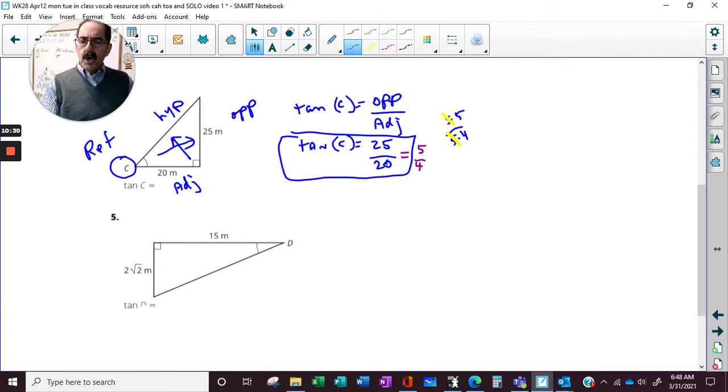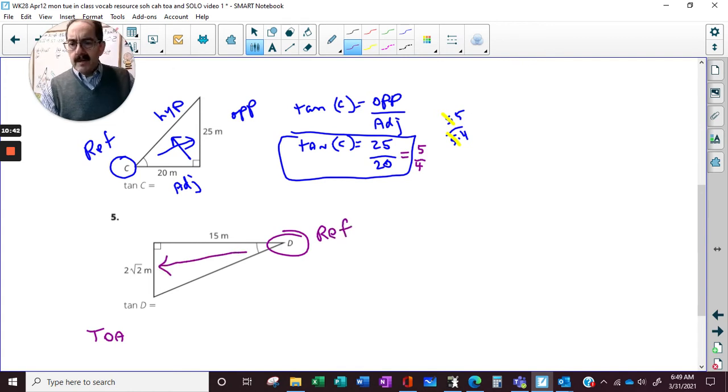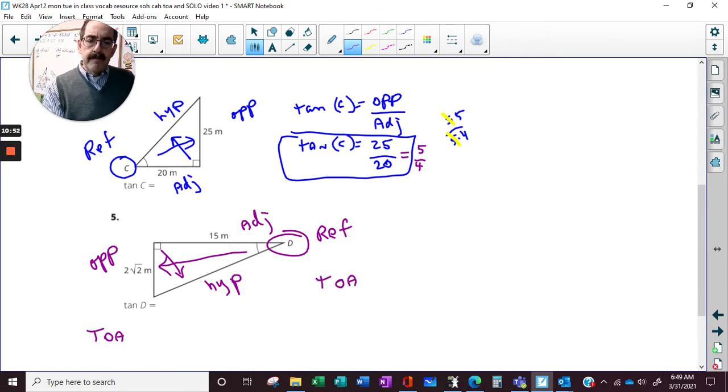The tangent, TOA. Okay, the first thing is circle the reference angle, the OPP, the HYP, and the ADJ, and the TOA.